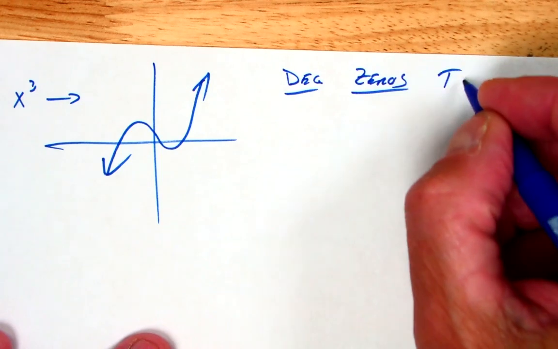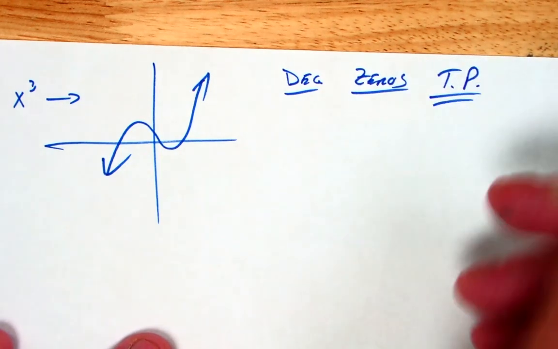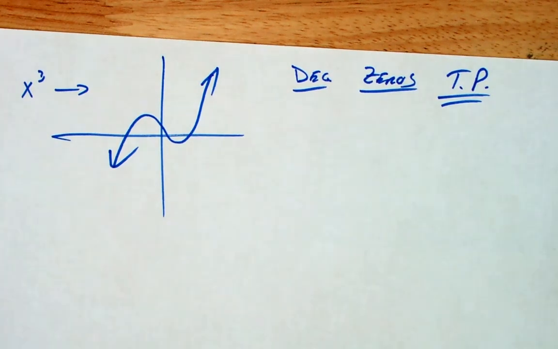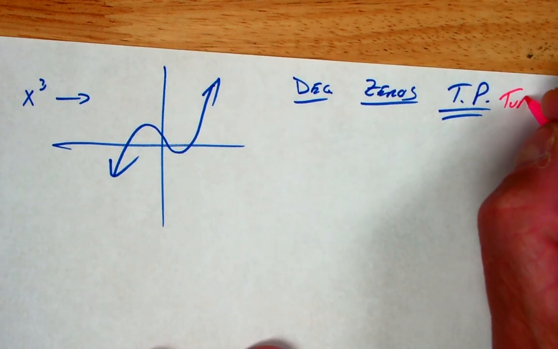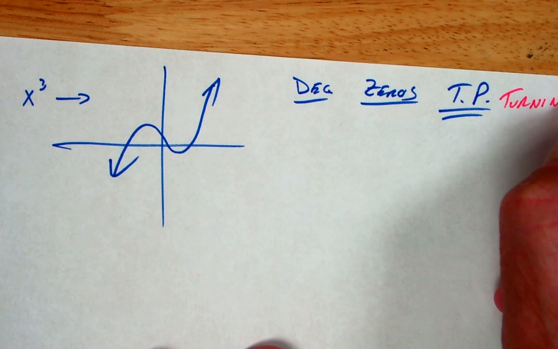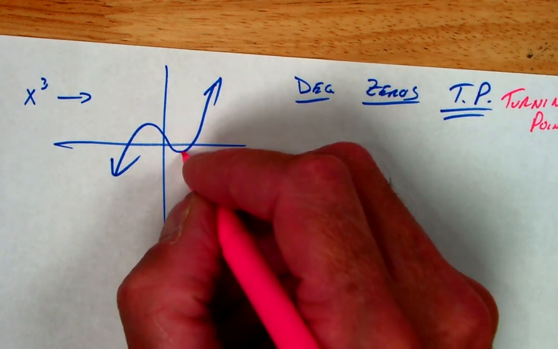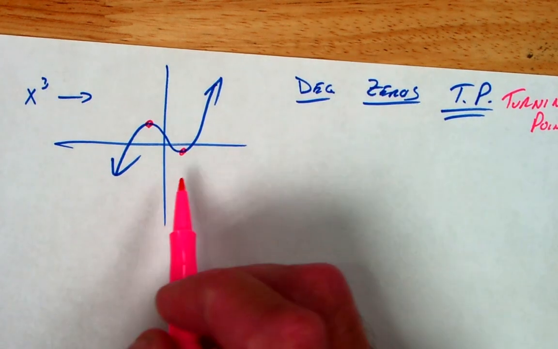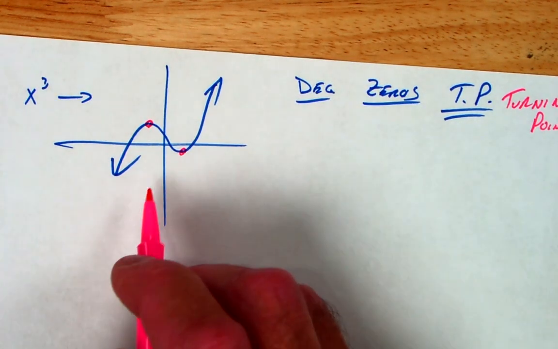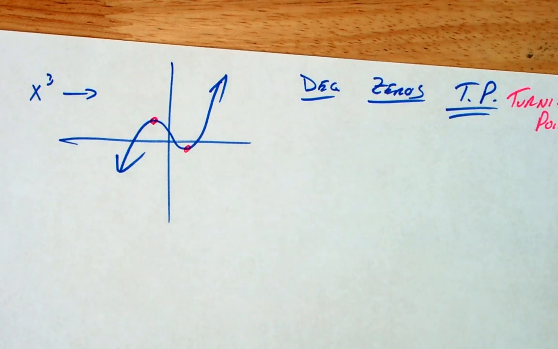And TP stands for, in this case, turning points. Okay? So turning points are what you've called before minimums and maximums.